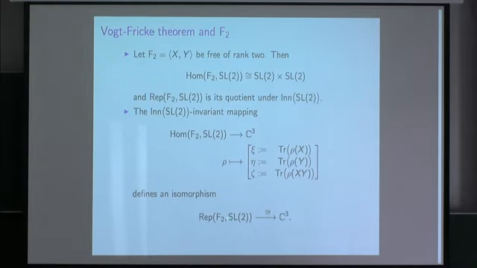Any invariant function on this space is a function of these three variables. This can be interpreted geometrically as an algebraic version of the side or angle test for congruence in non-Euclidean trigonometry. The traces will correspond to lengths of sides or angles in a triangle.